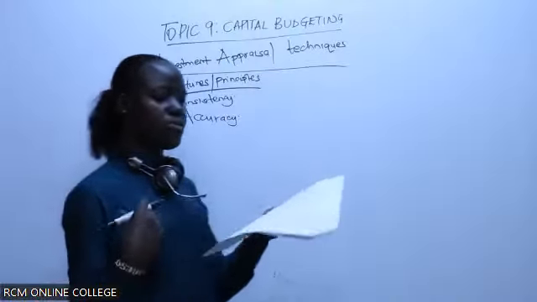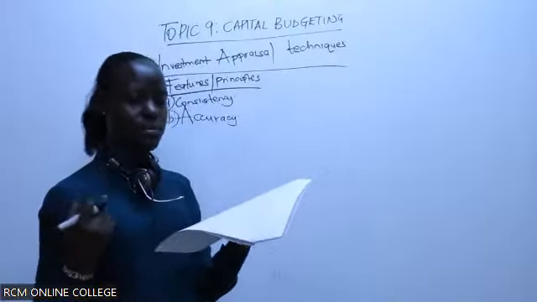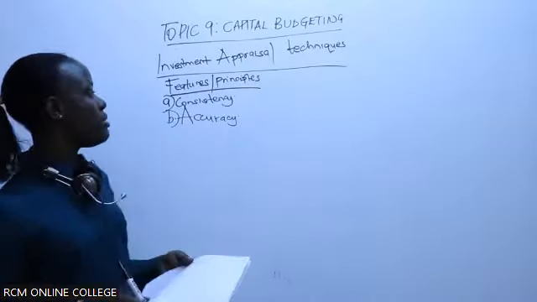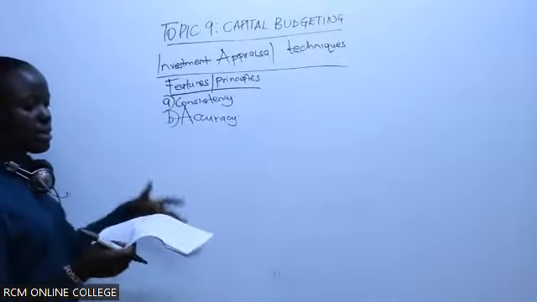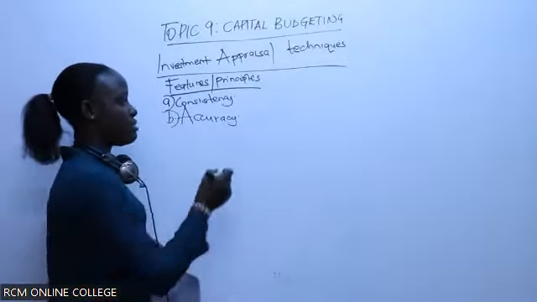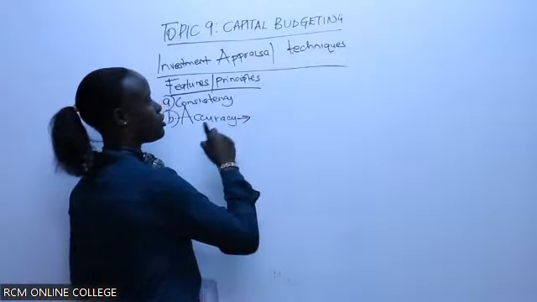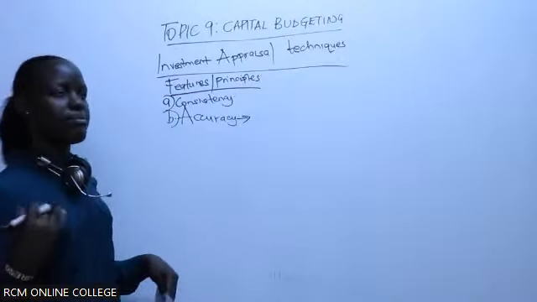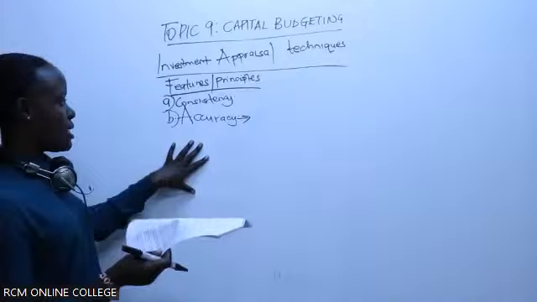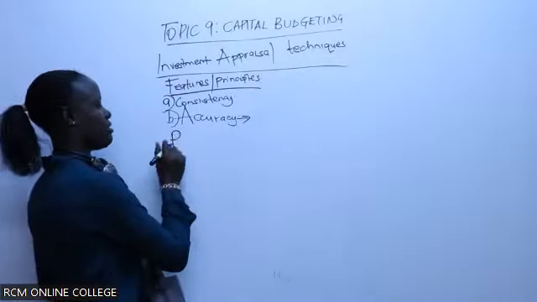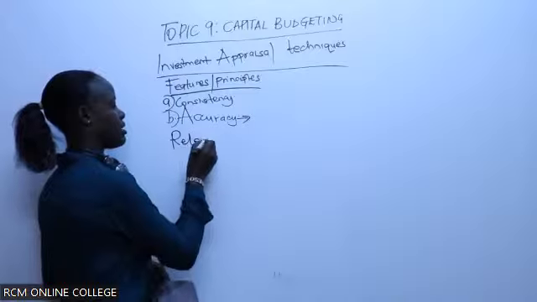The technique should provide an accurate estimate of the project's financial viability and risk. It should use reasonable assumptions and methods for cash flow estimation. So the technique that you use should provide the most accurate feedback. From accuracy, we can talk of relevance.